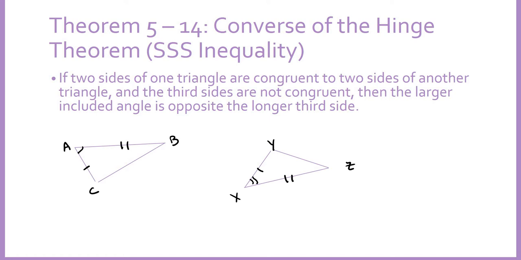So this time, if we know which side is longer, in other words, if side CB, again, that should have been CB, is greater than side YZ, then we know that measure angle A is greater than measure angle X. So sometimes you'll know the measure of the missing side, sometimes you'll know the measure of the missing angle, but either way we can tell which side or angle is going to be the larger of the two.